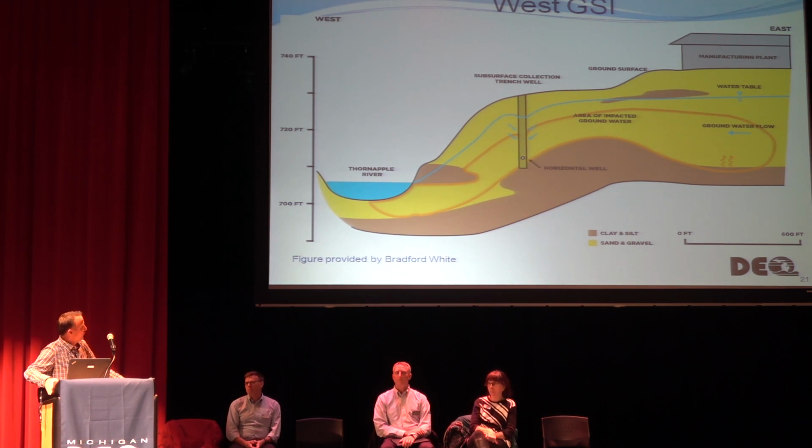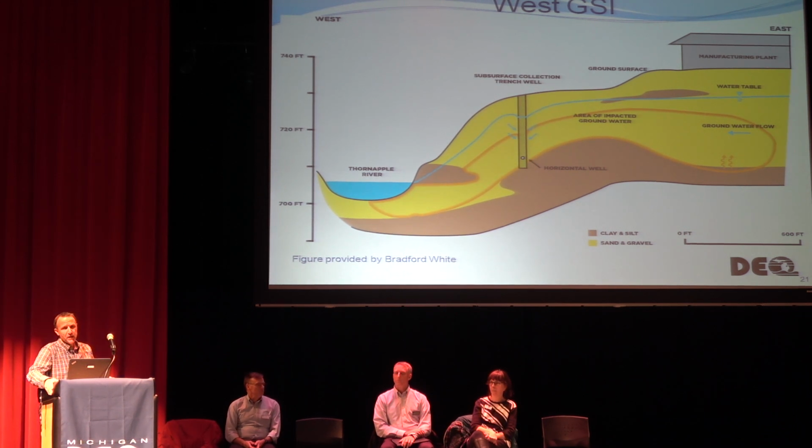If you're looking north towards the plant from the south, the plant being on the right-hand side, source control was conducted under the building, and you can see the contamination moves downward towards the river and gives you a good view of the horizontal well, the interceptor trench, which is nothing more than a horizontal pipe in the ground with holes in it that's placed in the bottom of the trench, which is the box area.